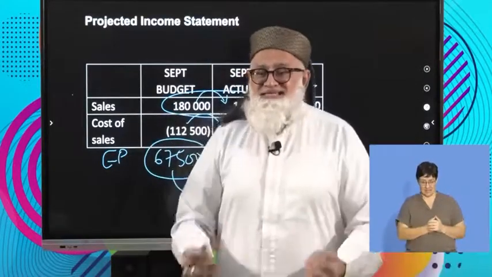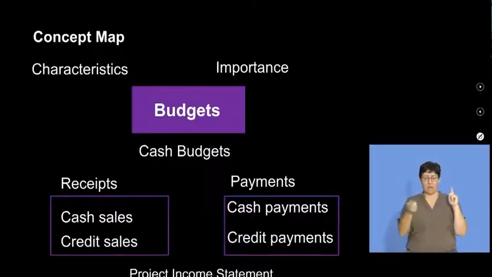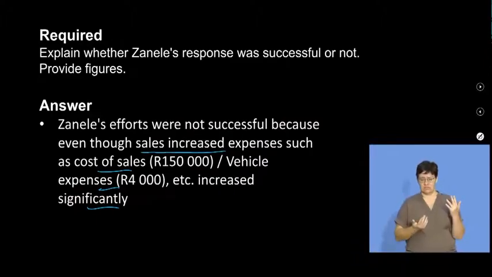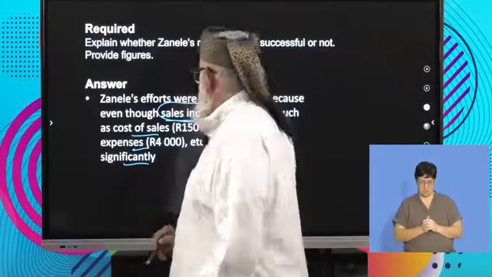But as a result of all of this here, notice what happens. Yes, the sales increased, but your cost of sales increased, right? And if your cost of sales increases, your gross profit decreases. Remember, when cost of sales increase, the gross profit decreases.